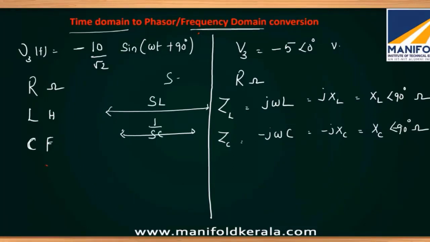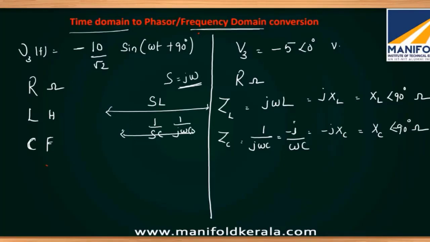So what is the value of S? S is equal to j omega. 1 by S will become 1 by j omega C. So I have made a little mistake. It is 1 by j omega C, which will become minus j by omega C. Understand?